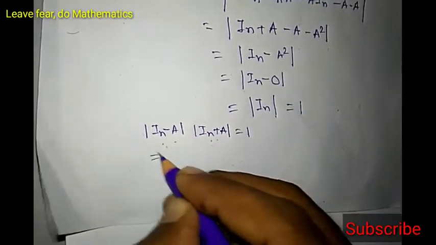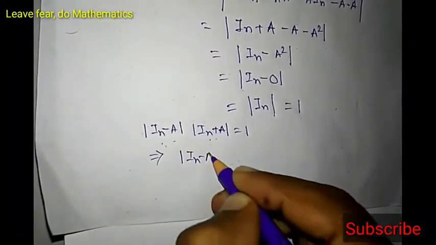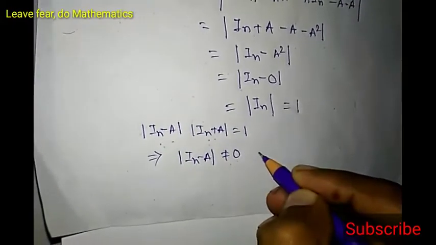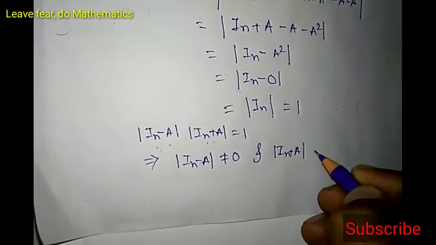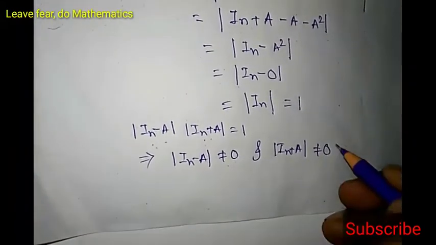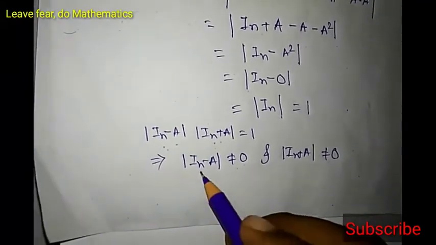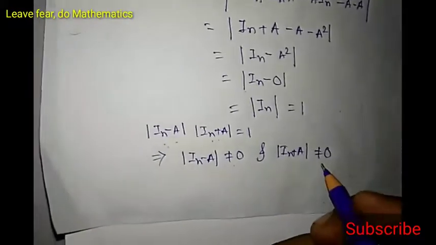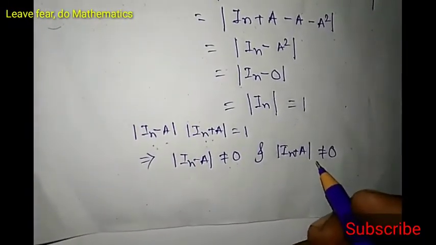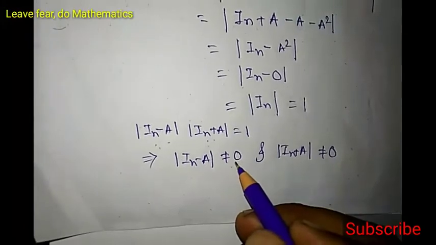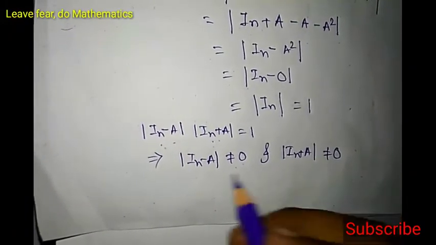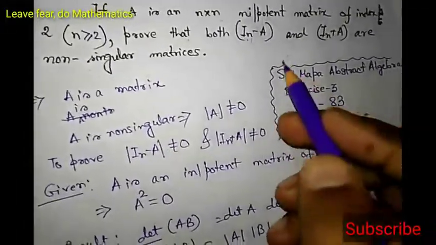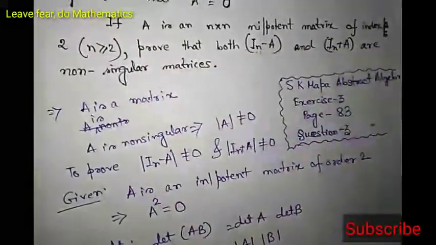So this implies that det of In minus A is non-zero and det of In plus A is non-zero. We needed to prove that In minus A and In plus A were non-singular. As their det is non-zero, they are non-singular matrices. So In minus A and In plus A both are non-singular matrices, proved.